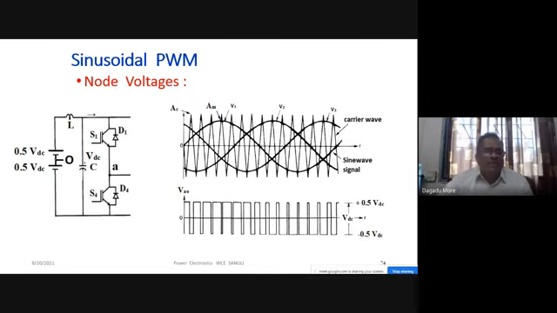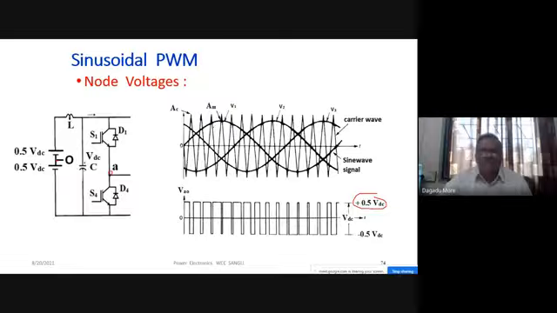Here we made a center point of DC that we can call O. Okay, and this is a point A. When the upper switch is on, S1 is on, what is VAO? When S1 is on, VAO will be plus VDC by 2. And when S4 is on, it is minus VDC by 2.